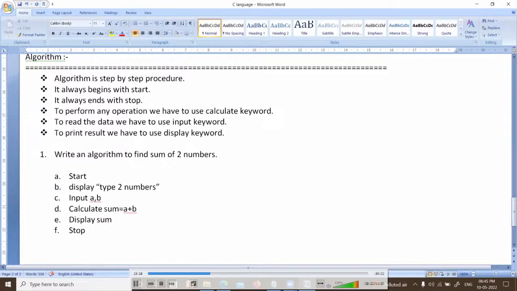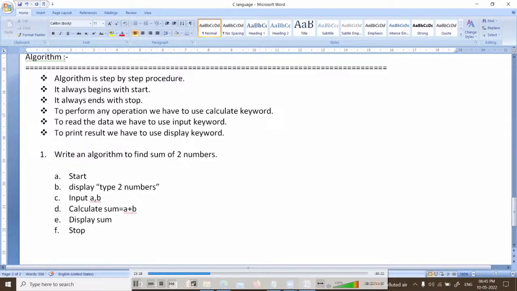Float result equal to 100 by 3. I am taking a double variable. Double result equal to 100 by 3. Now 100 by 3 is 33.3333 like this. Here also 100 by 3 is the same, 33.3333 and so on.